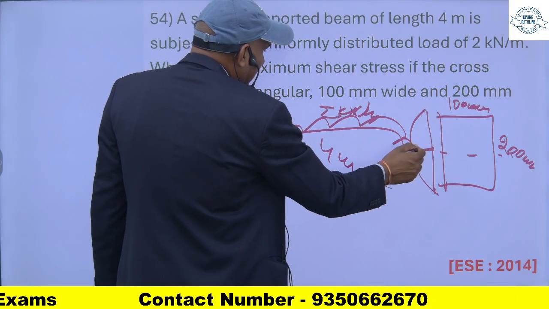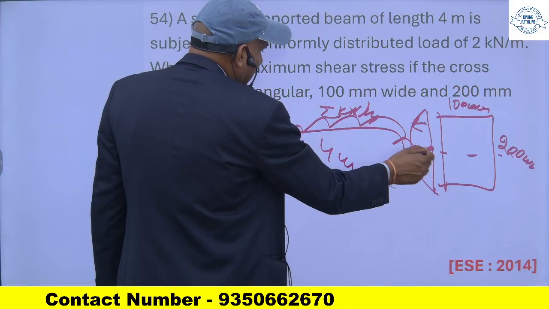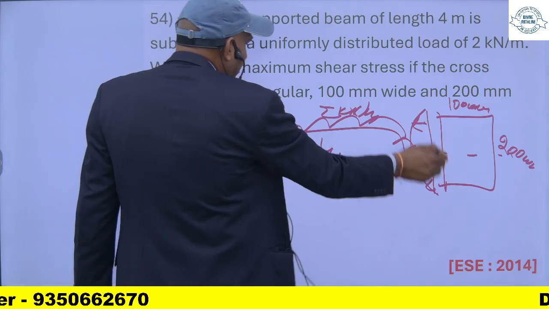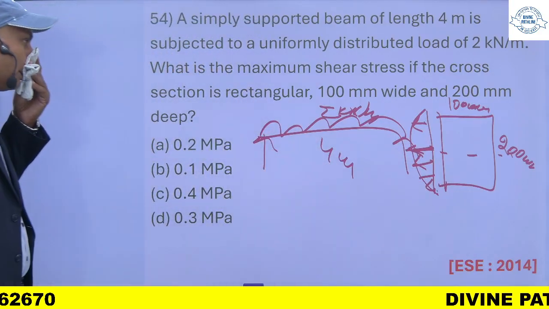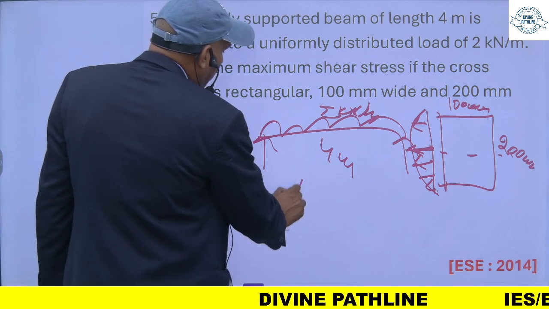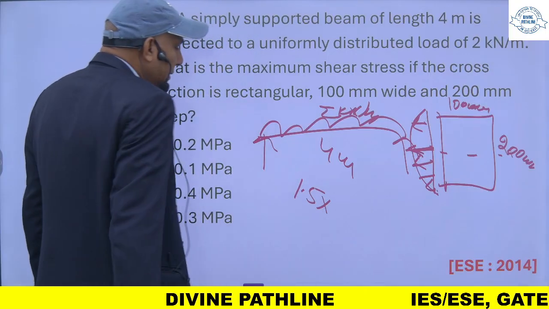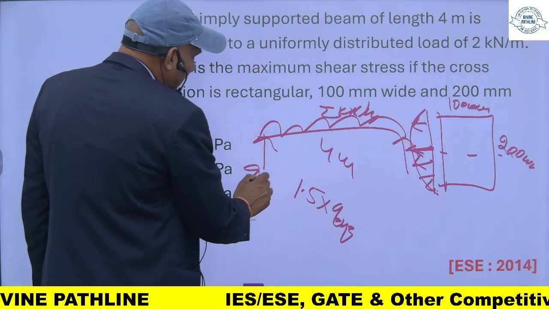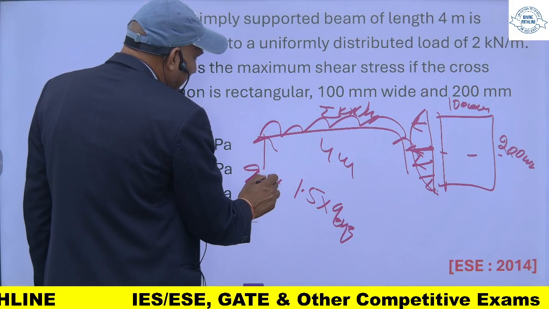It will vary parabolically and it will be maximum at the neutral axis and 0 at the top and bottom fibers. And maximum stress is 1.5 times the average shear stress. So maximum q is equal to 1.5 times q average.